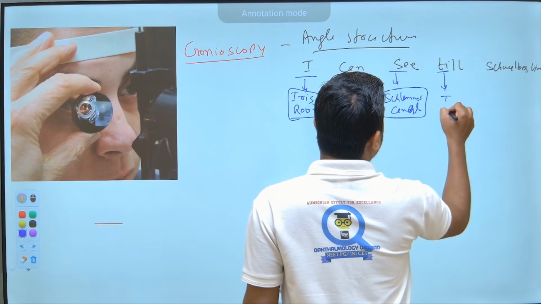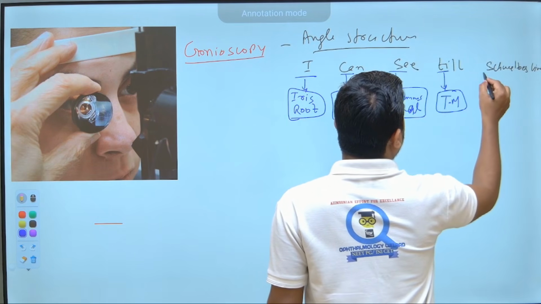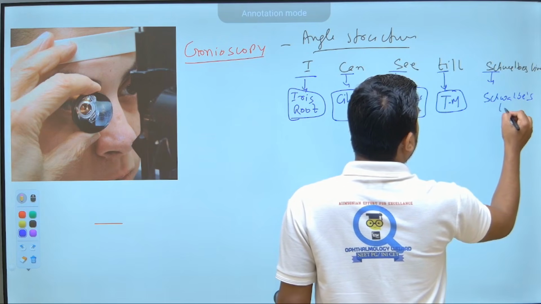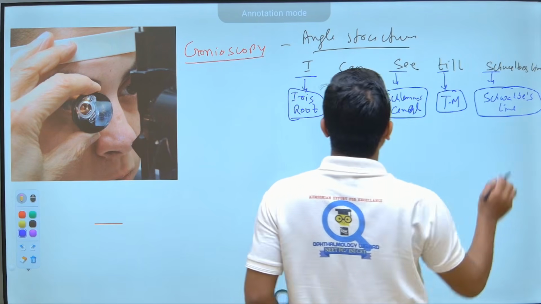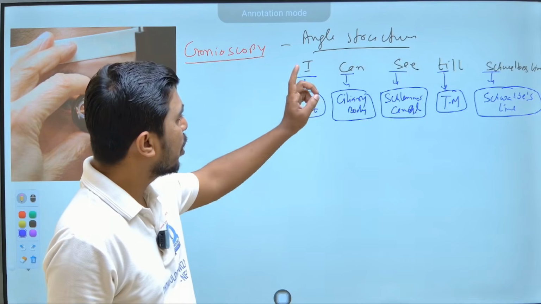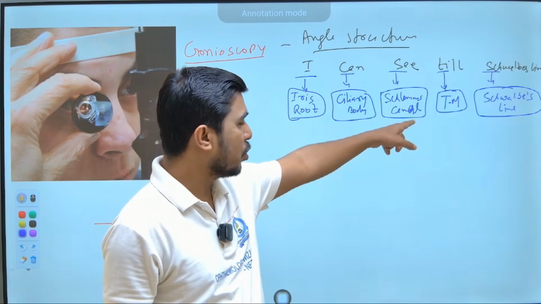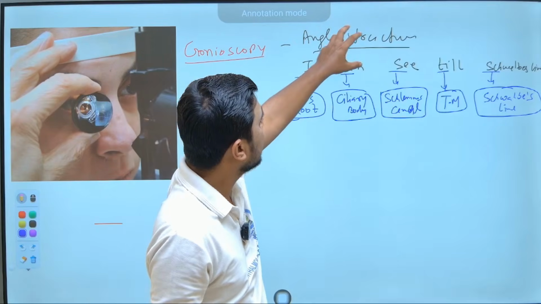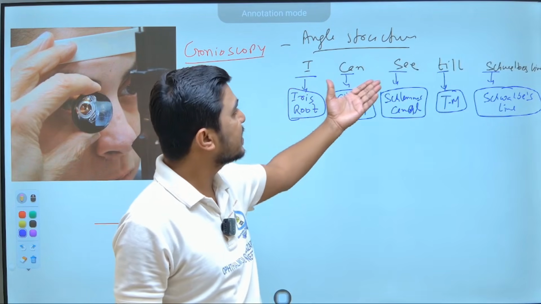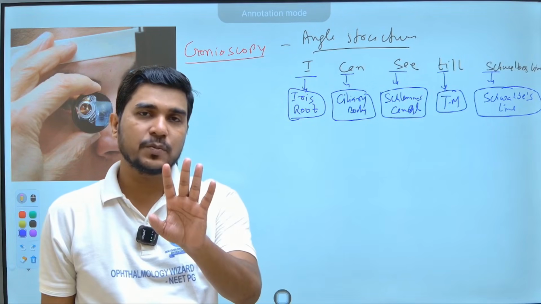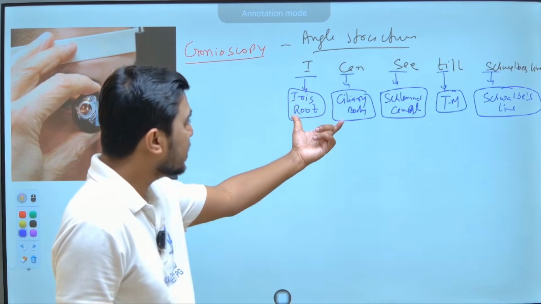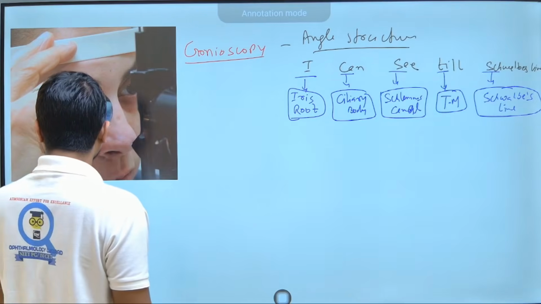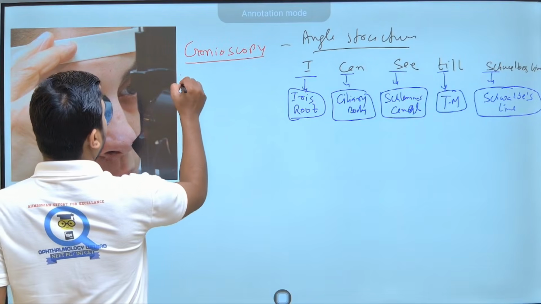T is trabecular meshwork, and S is obviously Schwalbe's line. So these 5 structures, iris root, ciliary body, Schlemm's canal, trabecular meshwork, and Schwalbe's line, form the angle structures. You understand this point? To see all these structures, we do gonioscopy. Now the second question arising here: what is the principle here?